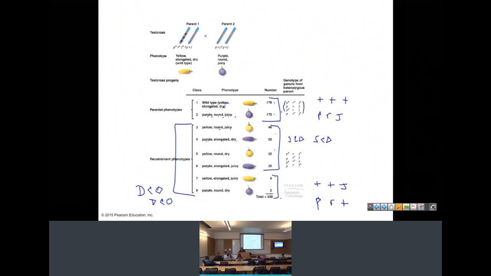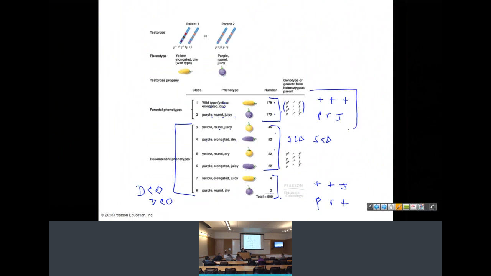Right? So which gene is in the middle? What's the correct order? Just use the letter, like P, whatever. What gene is in the middle? What gene in the double crossover is in a different order than the parental?